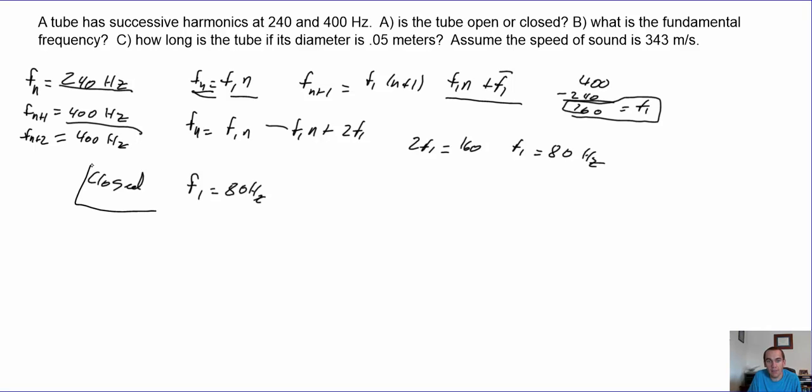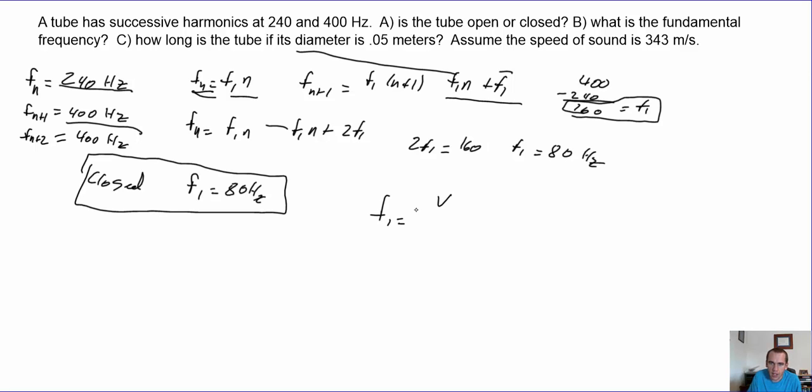Okay? So those two, A and B, worked together. C is just going to use that speed of sound equation to figure out what the length is, but we're given a diameter, so we're actually looking for the actual length of the tube, and we're going to find the effective length and then find the actual length. So let me show you what I mean. We know that F1 equals the speed of sound, and since this is a closed tube, this is over 4L. Well, that L is the effective length of the tube, not the actual length of the tube.